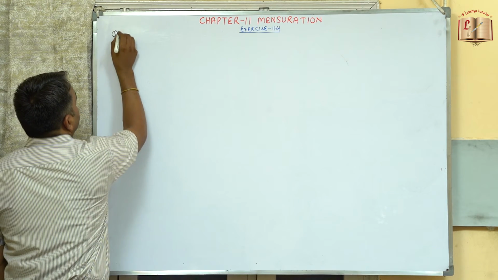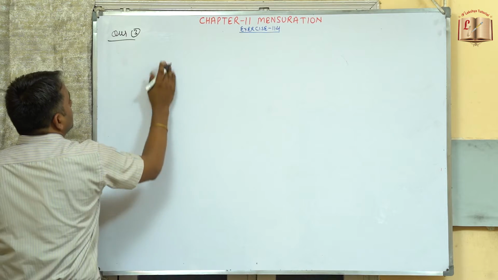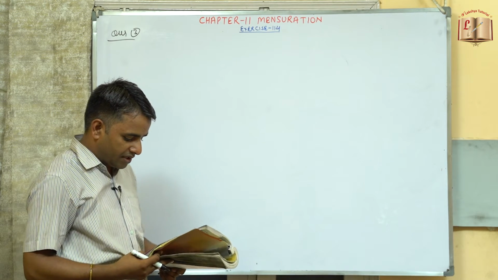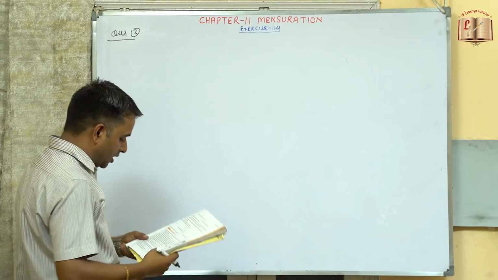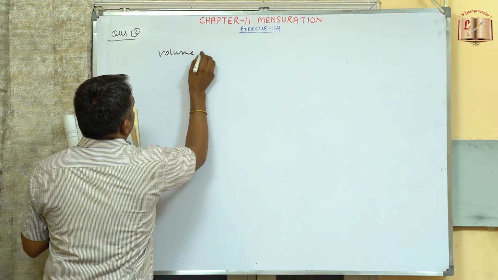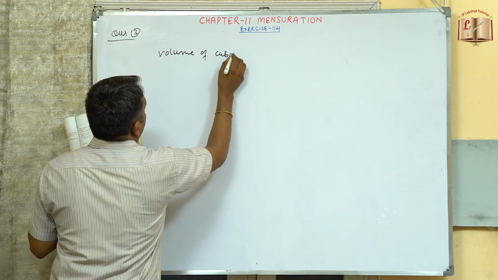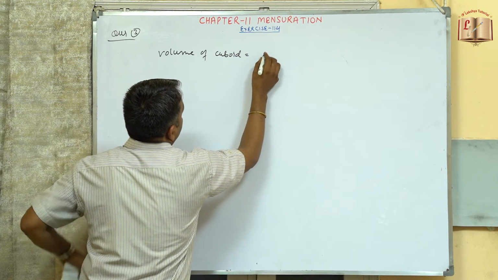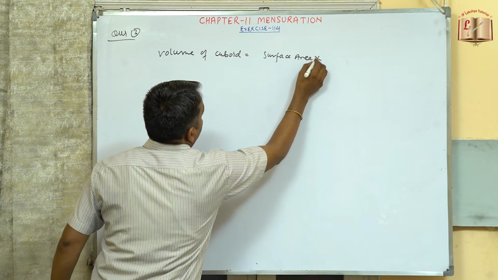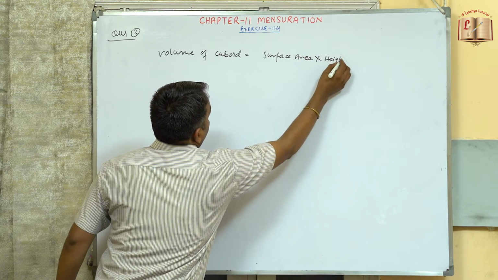So now coming to question number 3. Find the height of the cuboid whose surface area is 180 centimeter square and the volume is given. So volume of cuboid is equal to surface area into height.